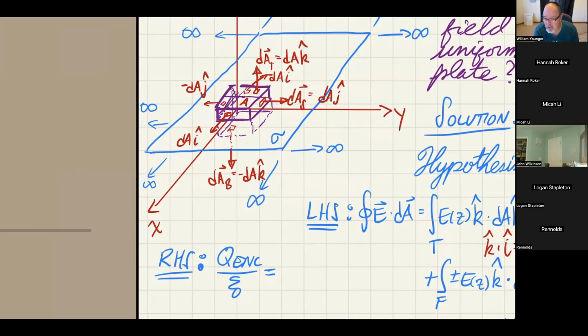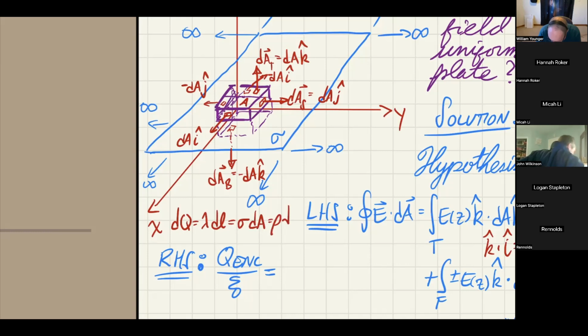So the key to getting Q enclosed is you guys got to know this one part. I'm going to write it again. I'm kind of concerned about how many people don't seem to be getting this. But dq is either lambda dl or sigma dA or rho dV, where rho is the charge per unit volume.